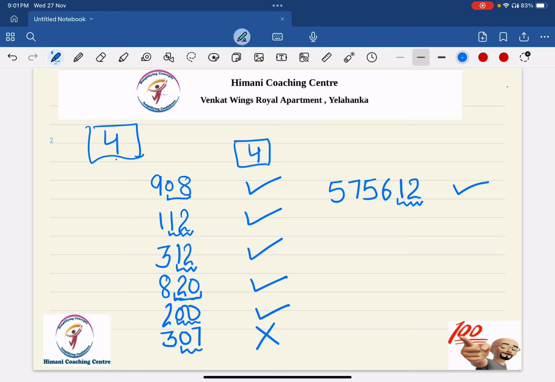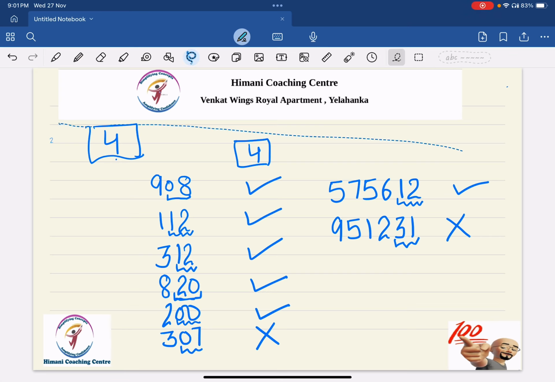Okay, let us take another big number. Whatever big number is there, we don't need to worry, because what are we checking? We are checking whether the last two digits are divisible by 4 or not. Now 31 is not a multiple of 4. So we will say this number is not divisible by 4.